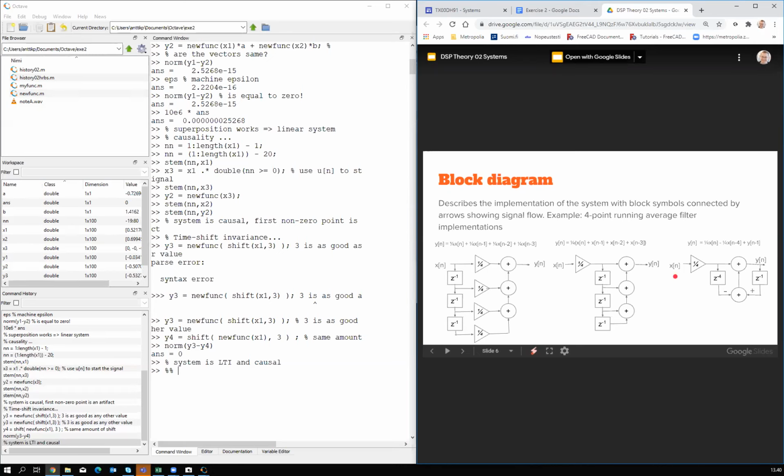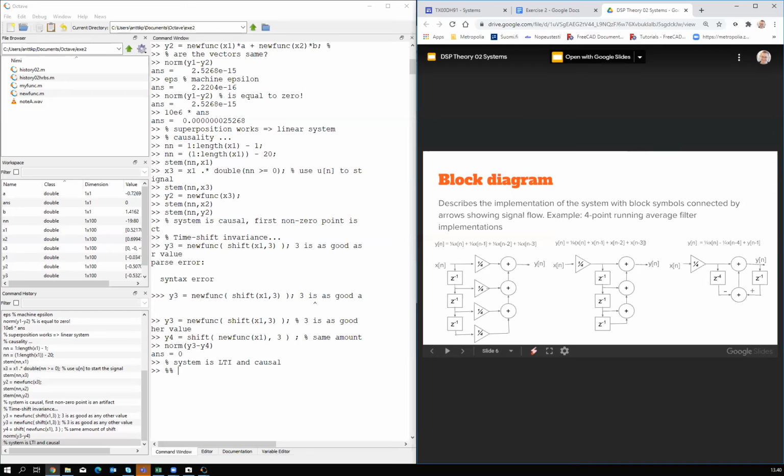So let's do the math here, how to actually make the difference equation. You just follow the signal. This is a little bit messy. Maybe I should redraw it. Well, maybe not. Okay, at this point we have x of n divided by 5, or multiplied by 1 over 5.